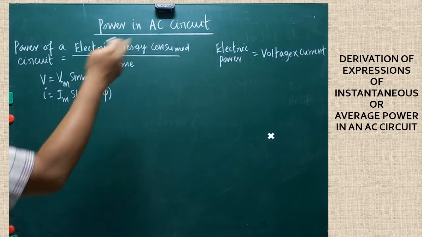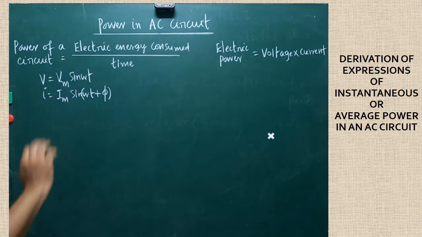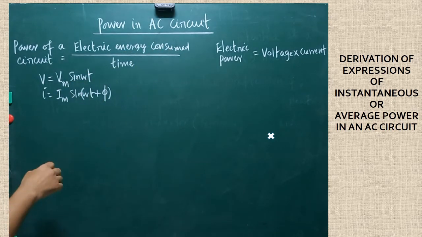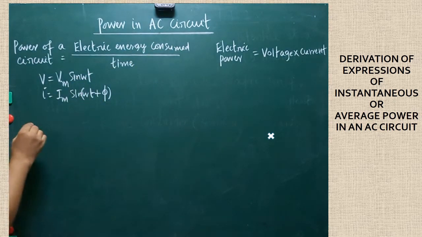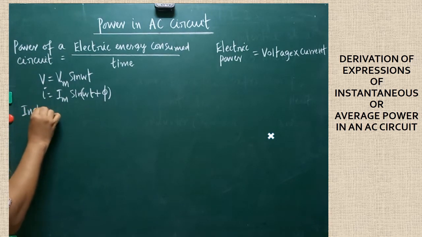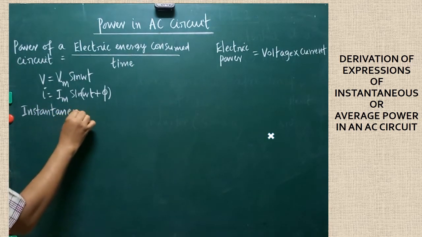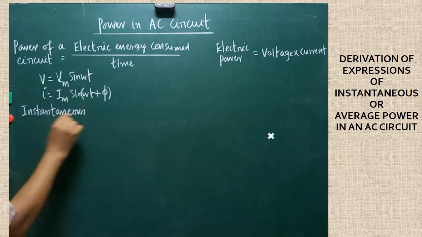While calculating the power in the case of AC, what should be the formula? There also, we have to call the power as instantaneous power, because power also varies with respect to time.